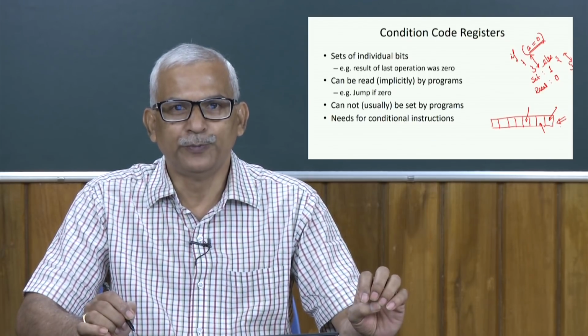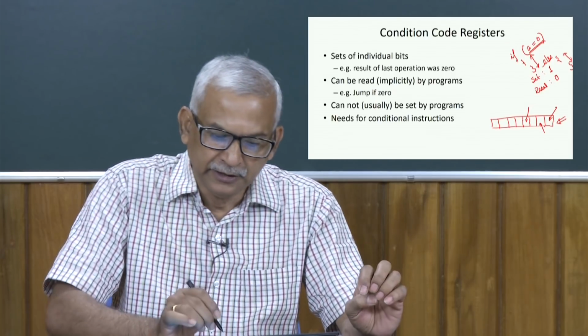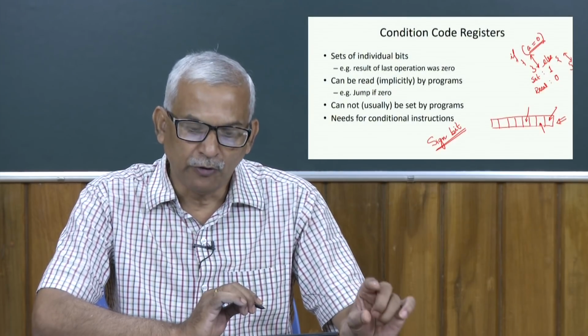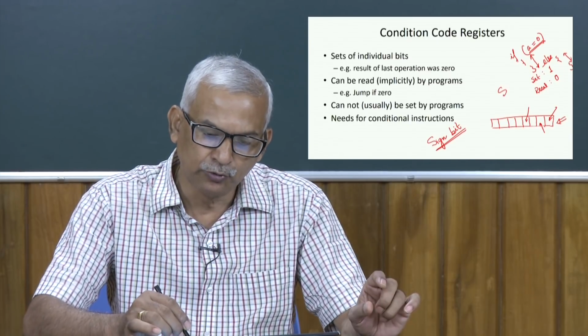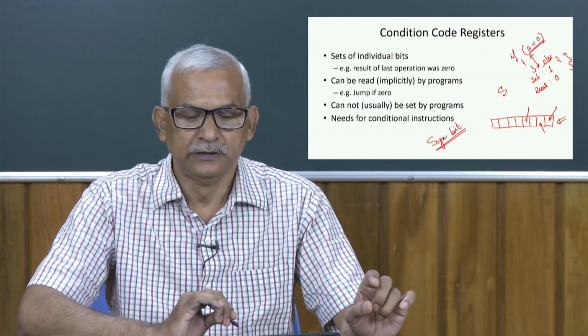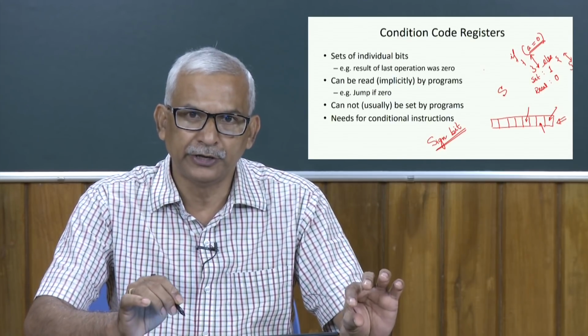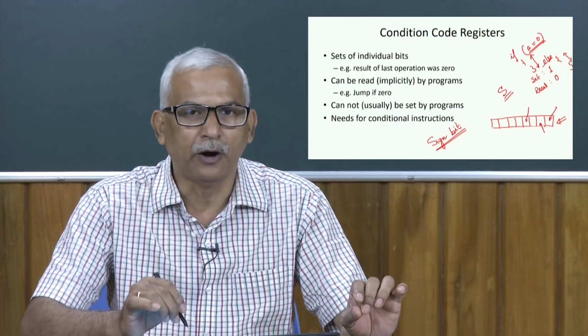One of the code bits I can give here is the sign bit. When we discussed the representation of integers or real numbers, we have seen that we can work with positive numbers and negative numbers. For that we have a sign bit. When we perform an operation, say a plus b, then depending on the result that sign bit will be positive or negative.